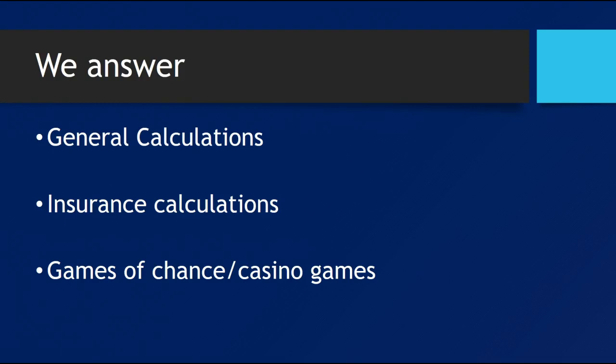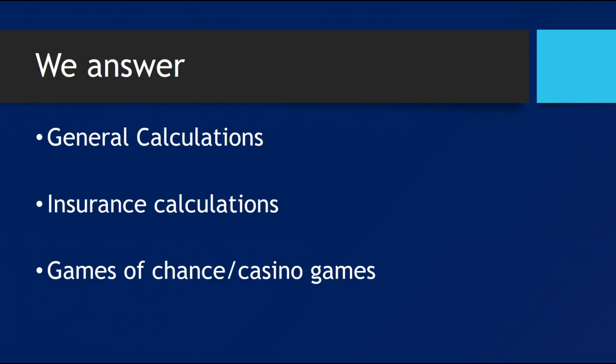So here's what we're going to do. In this course, we're going to look at decision making based in some actual calculations. We're going to answer some questions about how to do this in general, and then some questions about how this would apply to insurance situations, and questions that would apply to games of chance, things like the lottery or casino games.